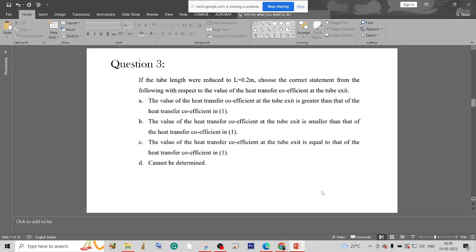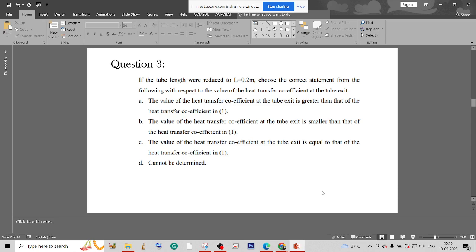If the length is reduced, the boundary layer development will be different. This is for 0.2, that is part C.